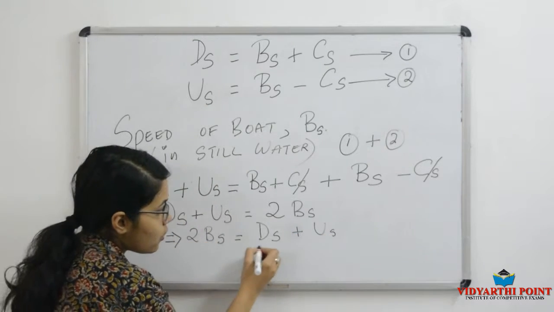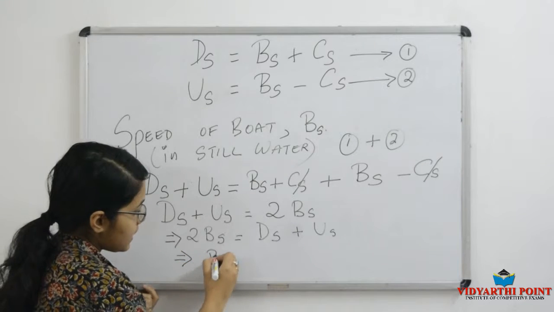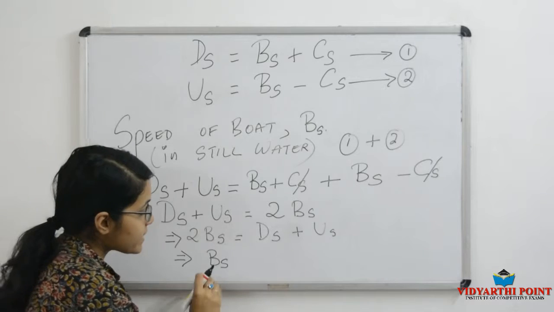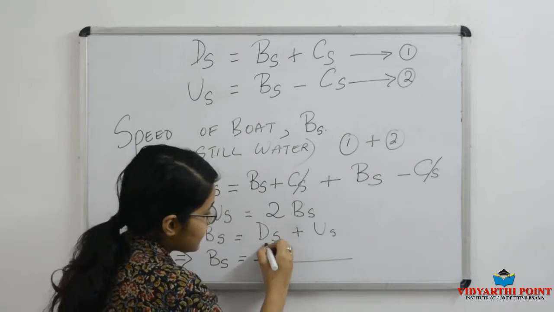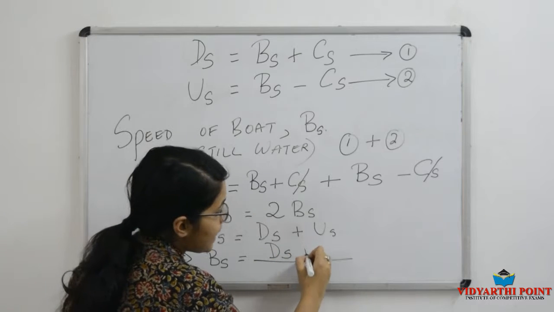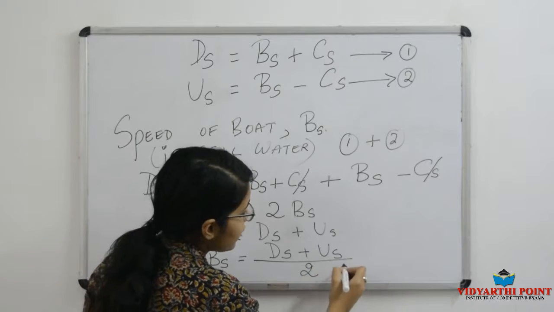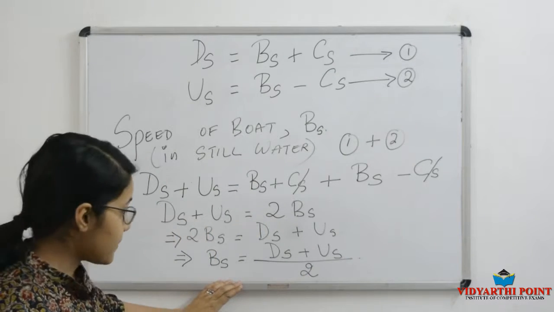Now this 2 will come here as the denominator. So the speed of boat in still water formula is BS equals to downstream speed plus upstream speed divided by 2. So this is the formula.